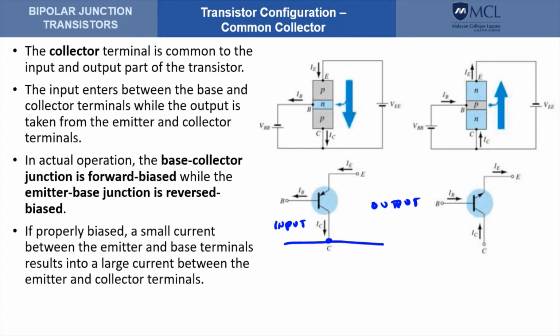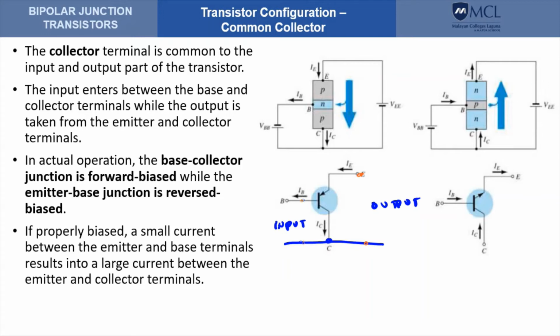Okay, the input enters the base and the collector. So it enters this base and collector, while the output is taken from the emitter and the collector.